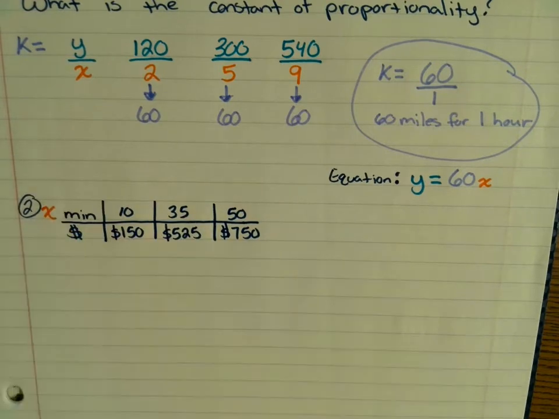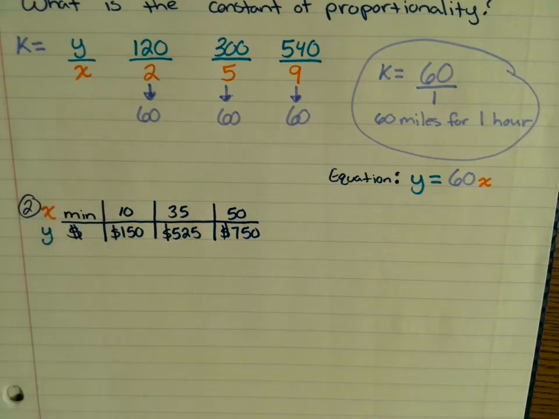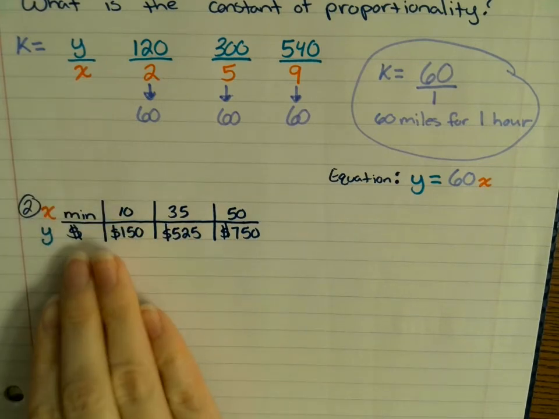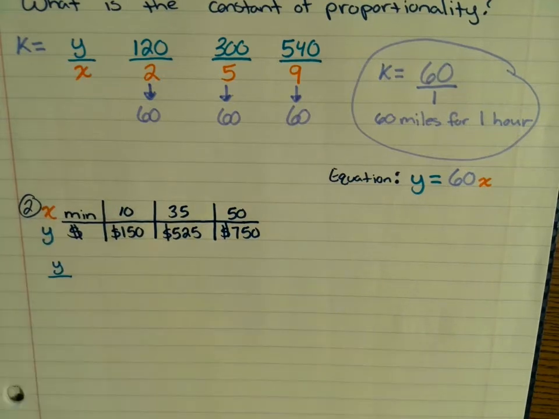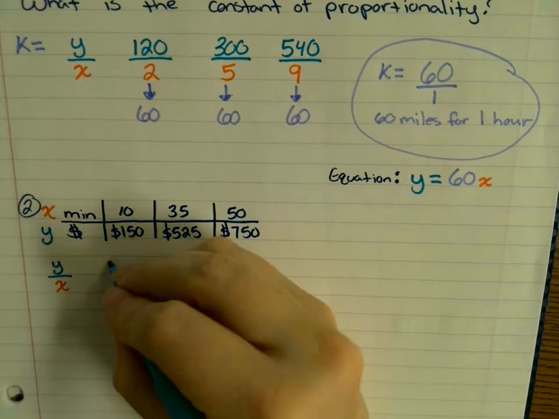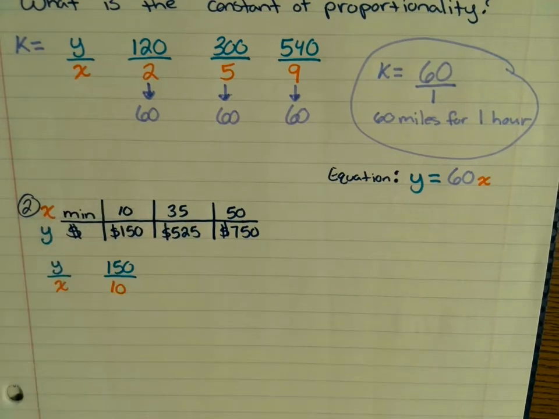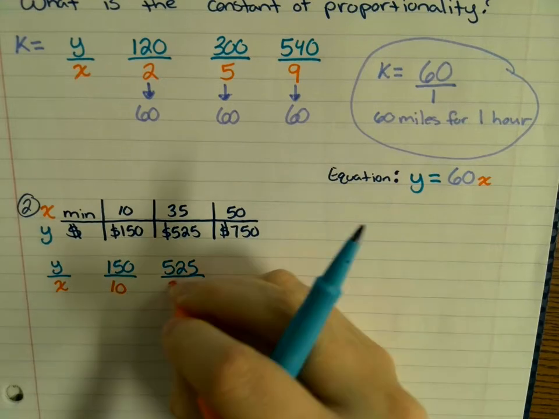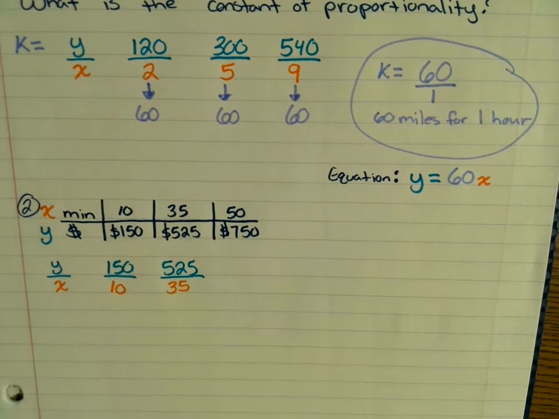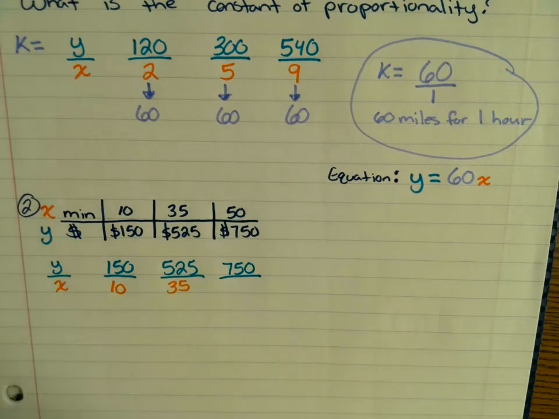The cost is the Y. So when we're setting it up, we're going to set it up as Y over X. So I can set this up as 150 over 10. I could do 525 over 35. I could do 750 over 50.